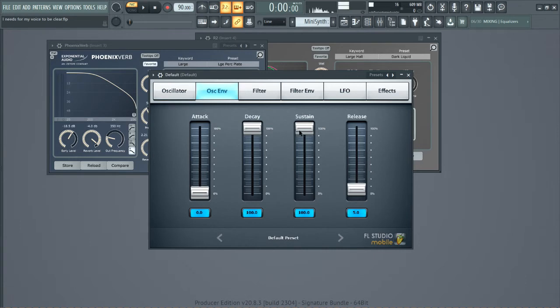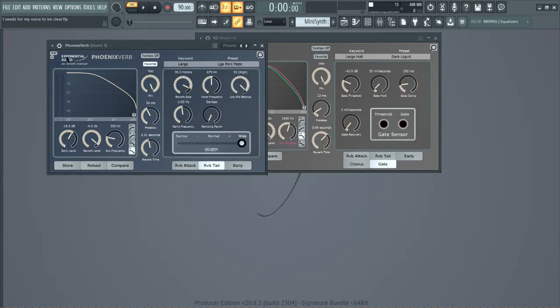So to make that obvious what that might sound like, take the sustain down, take this decay down, increase the release, increase the decay, right there is the nature of reverb, the way it decays. And so that's what you're affecting when you're affecting the tail.